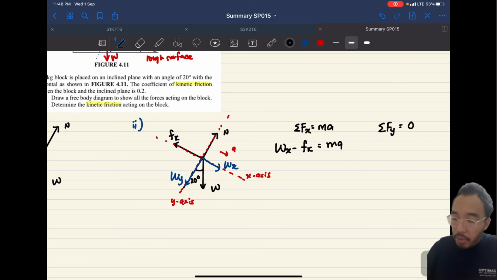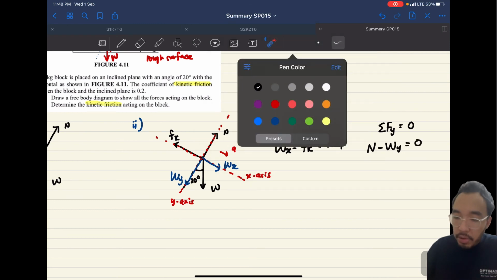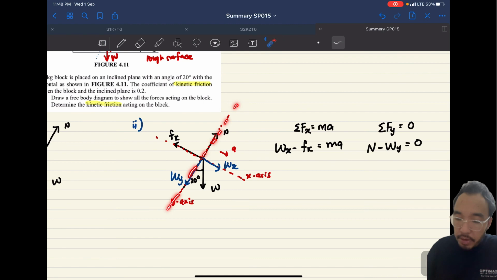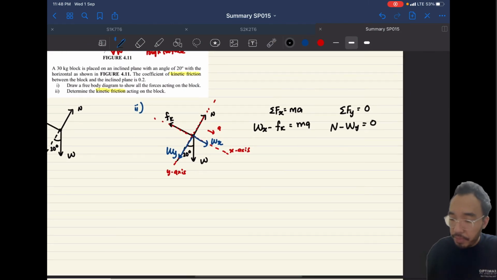Okay, so for the y component, it will be n minus wy equals 0. This is the only force that you have on the y axis. Over here you only have n and wy, so it will be n because that one is upwards, minus wy is negative because downwards, equals 0.